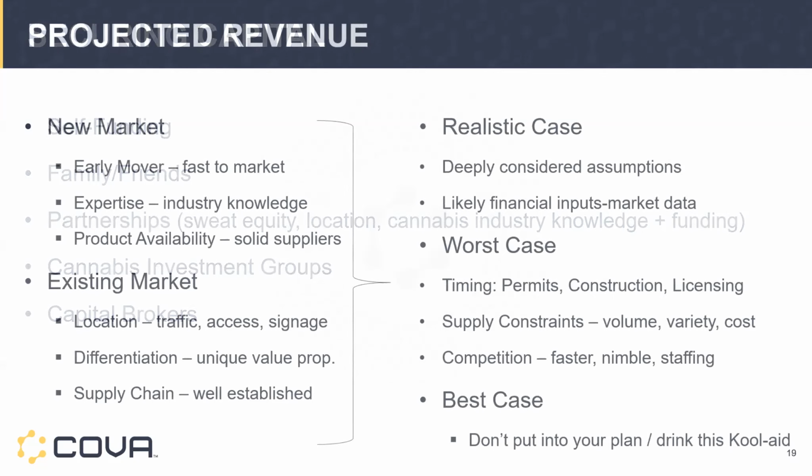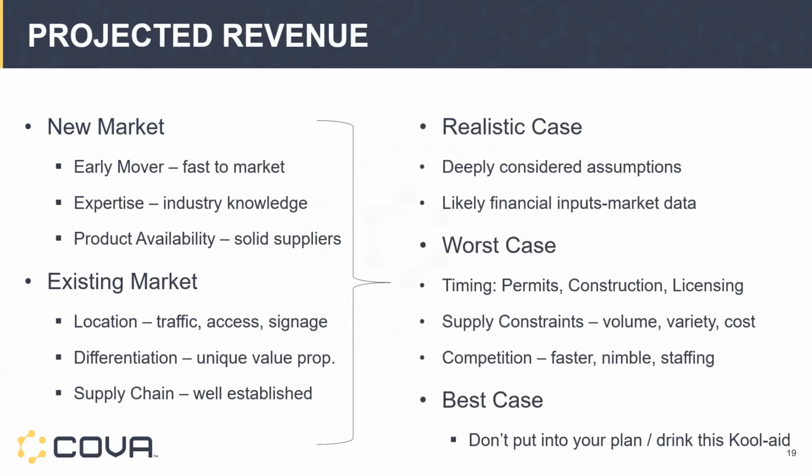who are pretty clever. This next slide, I thought a lot about because you can do your financials on worst case, realistic case, best case. And I thought I'd give you some advice here. Think about the type of market that you're looking to put your dispensary in. If it's a new market, what are the advantages you have compared to everyone else when you start building your revenue projections?